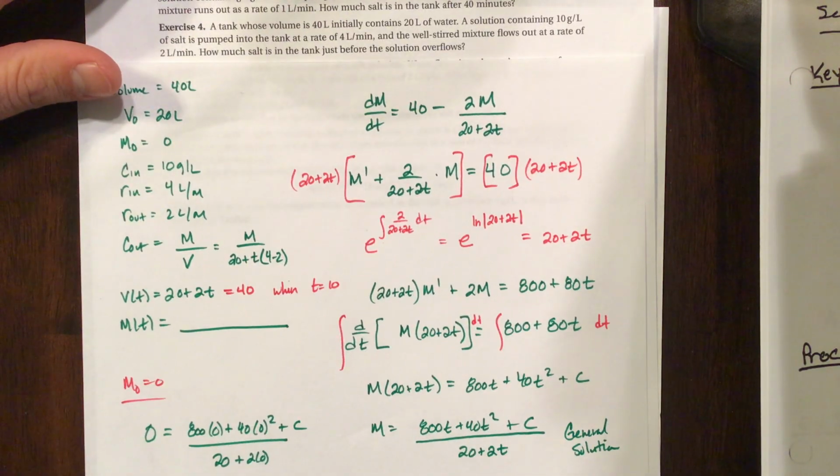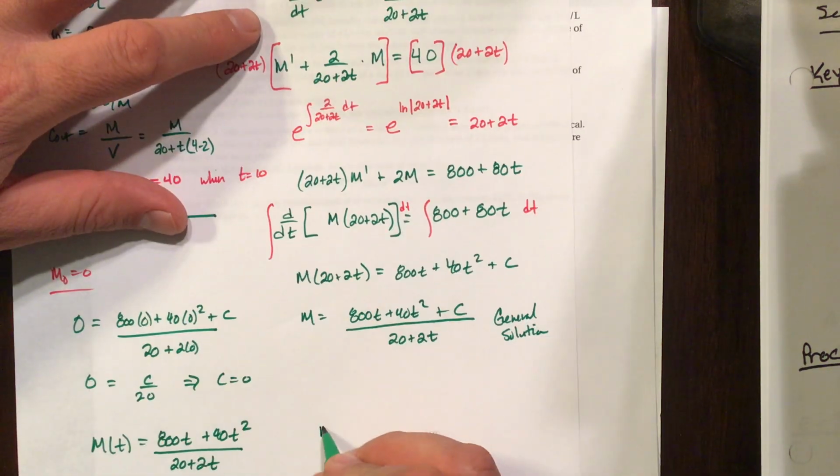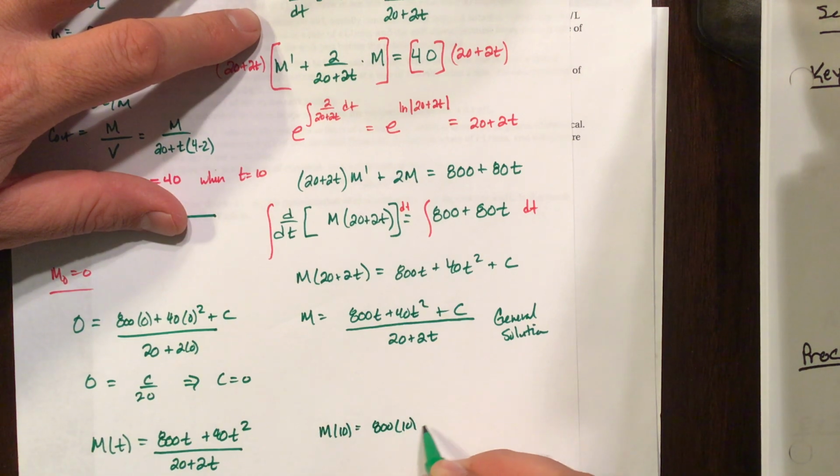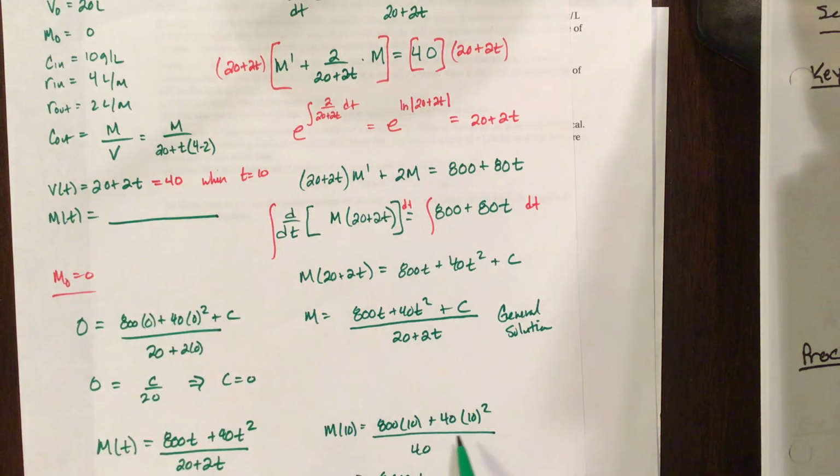So M of 10 is equal to 800 times 10 plus 40 times 10 squared, all over, well, we know what the bottom is going to be, 20 plus 2 times 10, that's 40. So that's 8,000. 100 times 40 is 4,000.